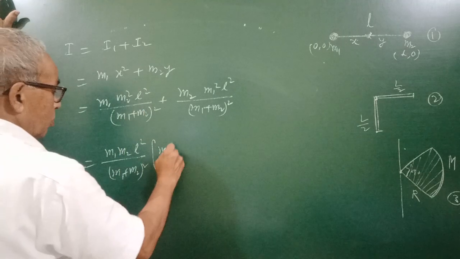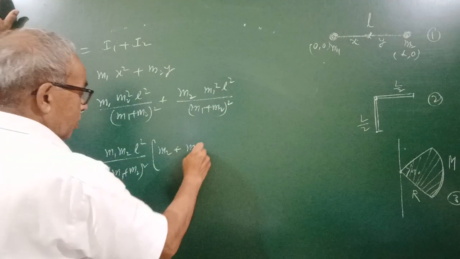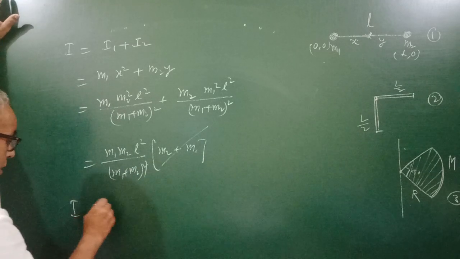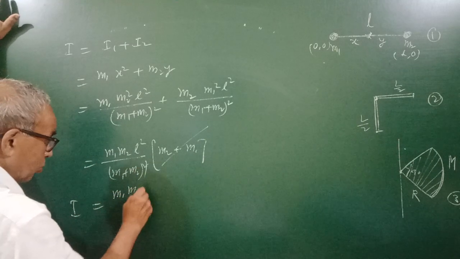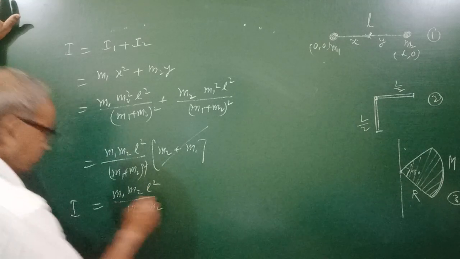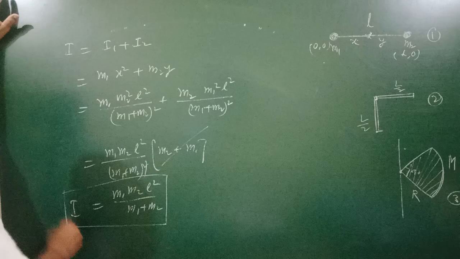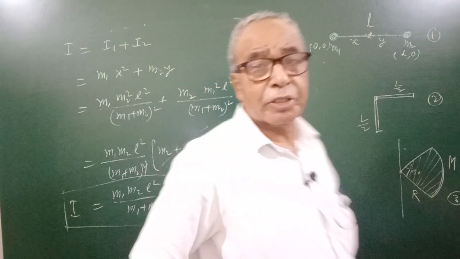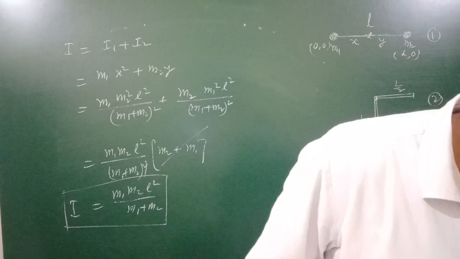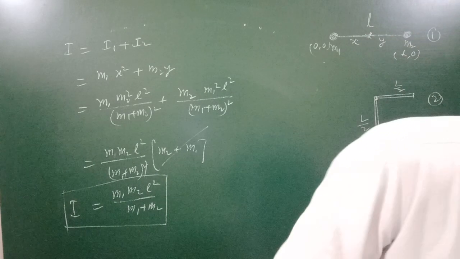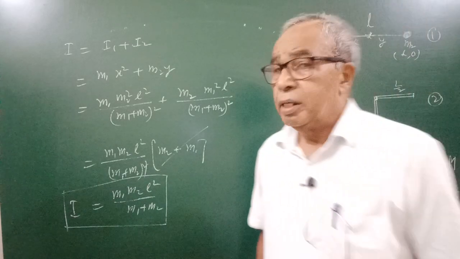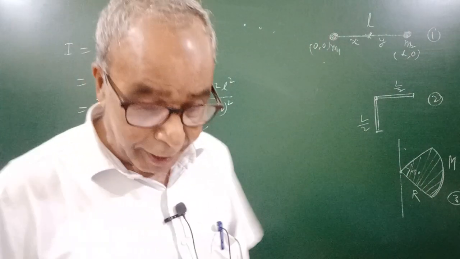Here it is m2 plus here m1, so this cancels the square. So here we get m1 m2 L square upon m1 plus m2. So moment of inertia about the center of mass is easily calculated. And this question was asked in NEET 2016.